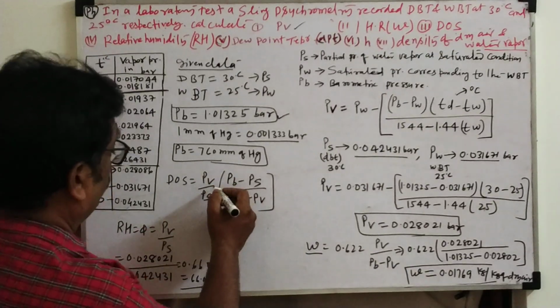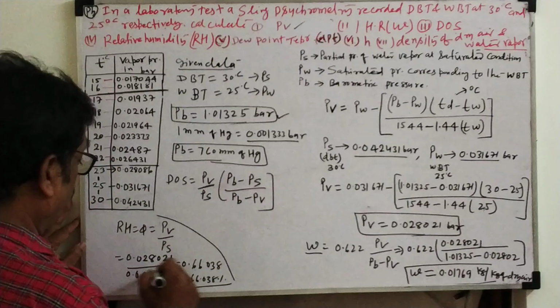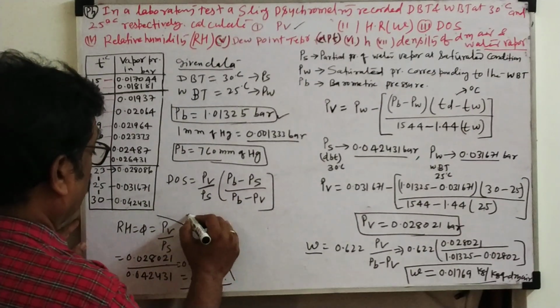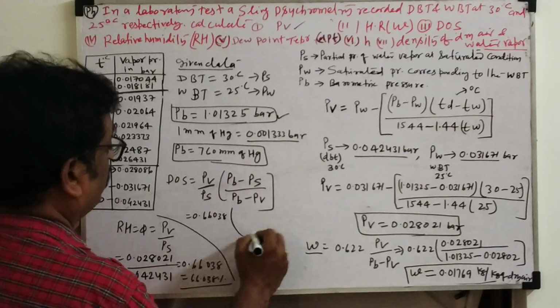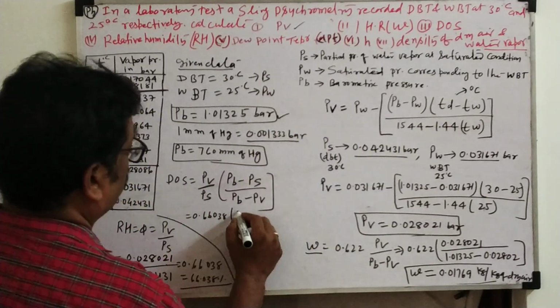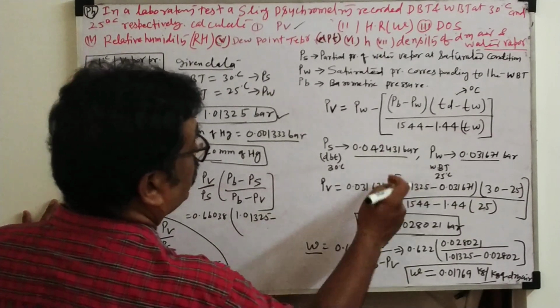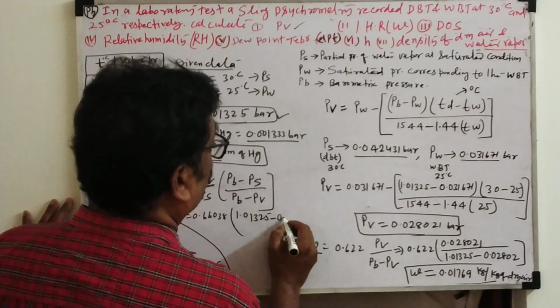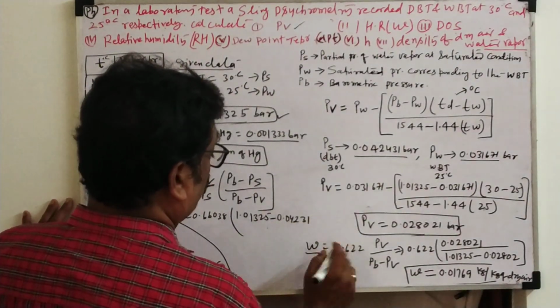Now this same relative humidity you substitute here, this value PV by PS, relative humidity. How much? 0.66038. Then PB value, 1.01325 minus PS value, 0.04231.